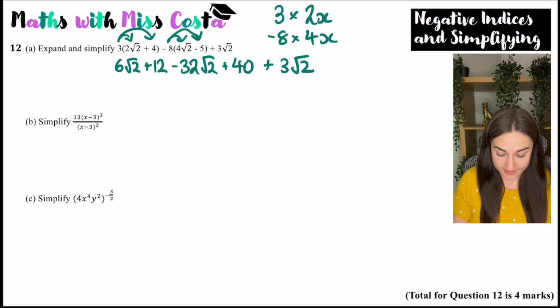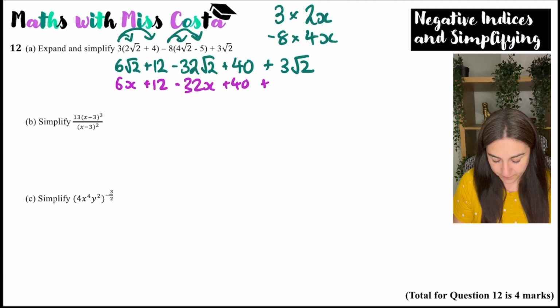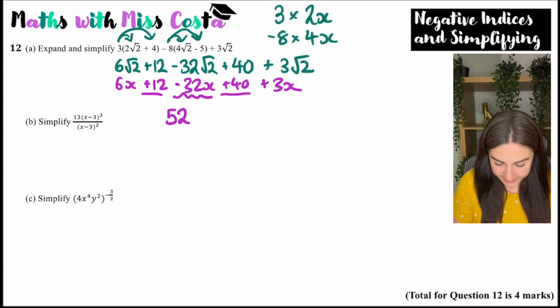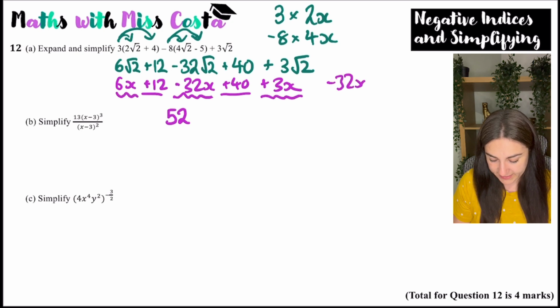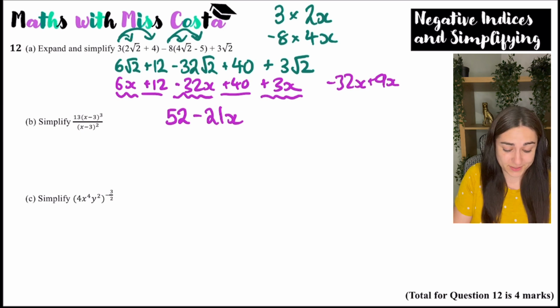So because you can treat it like algebra, if you were to say 6x plus 12 minus 32x plus 40 plus 3x, how would you simplify that? Well, 12 plus 40 is 52. And then you've got minus 32x plus 3x plus 6x. So minus 32x plus 9x, which is going to be minus 21x. I think my brain is very tired, so let's just double check. 32 take away 9, it's 23.